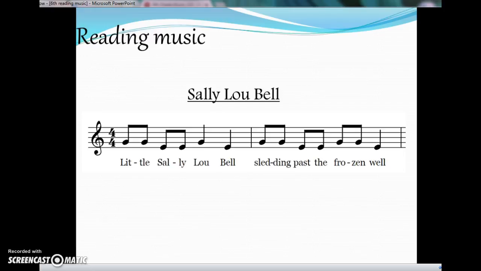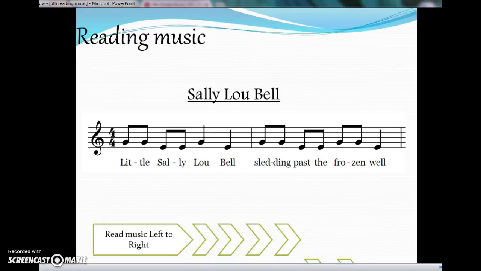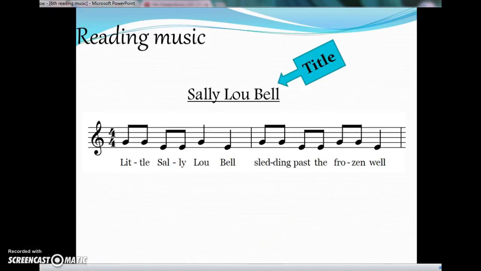When we go to read music, we know that we have music that is read from left to right, just like it is read in a regular book. So when we read those pieces of music, from left to right, we also know that, like a book, that music has a title. The title of a book is going to tell us what the name of the song is.